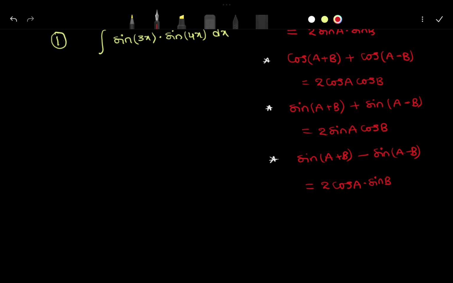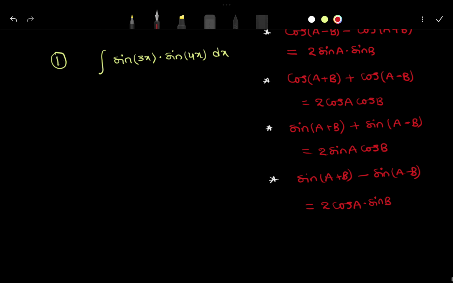So these are the very important results from trigonometry. How do we use all these formulas in integration? Here the given question is the integration of sin 3x into sin 4x.